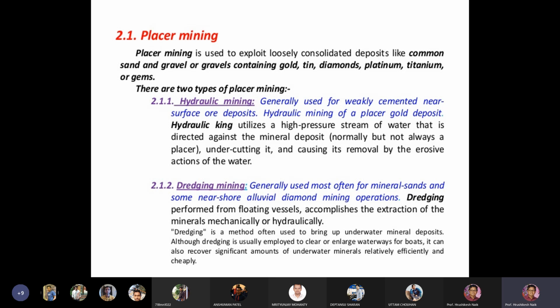The high pressure water stream is directed against the mineral deposit, normally but not always a placer, undercutting it and causing its removal by the erosive action of water. So this is called your hydraulic mining.